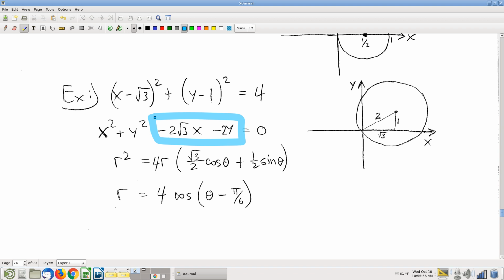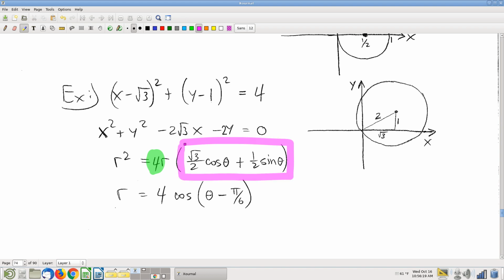And the little tricky move that I think is cool. Go ahead and write down x is r cosine theta, and y is r sine theta, and then, like I say, this is a slick move. Pull out a factor of 4. Why 4? Well, 4 because then this becomes exactly the structure of an angle addition formula.